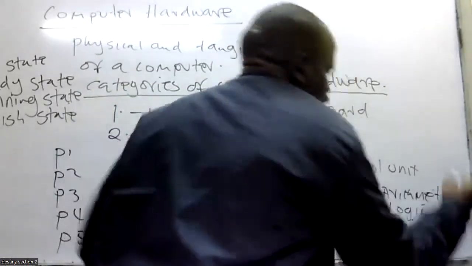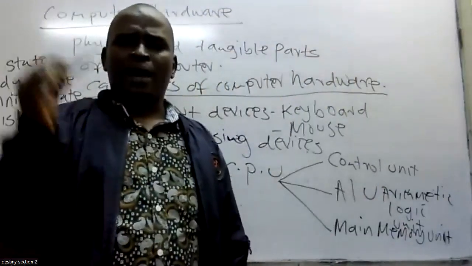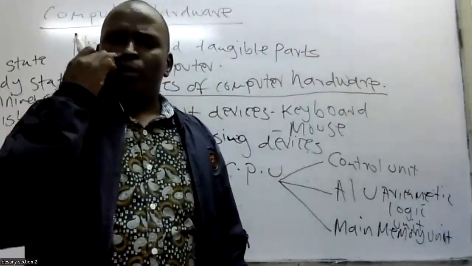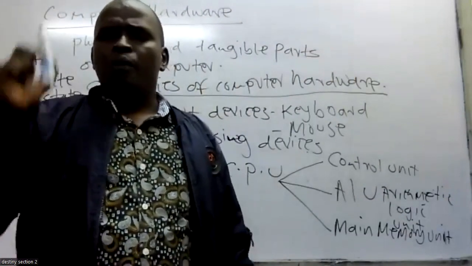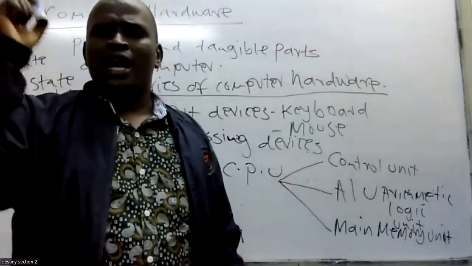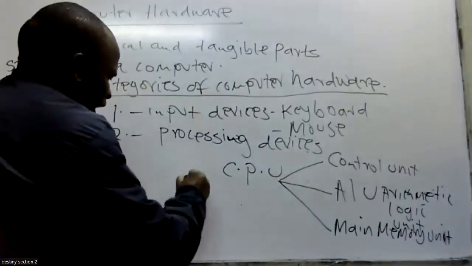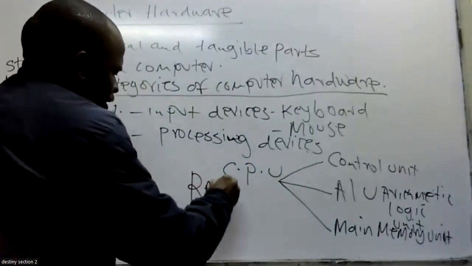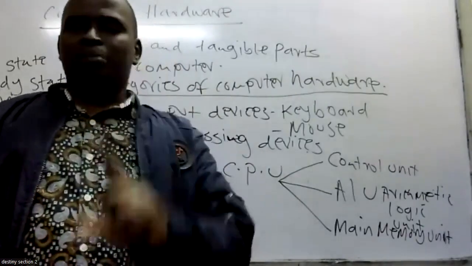The main memory unit is the primary computer memory. By primary memory, we mean the computer cannot do without it. The computer cannot do without the RAM, which is what we refer to as random access memory.